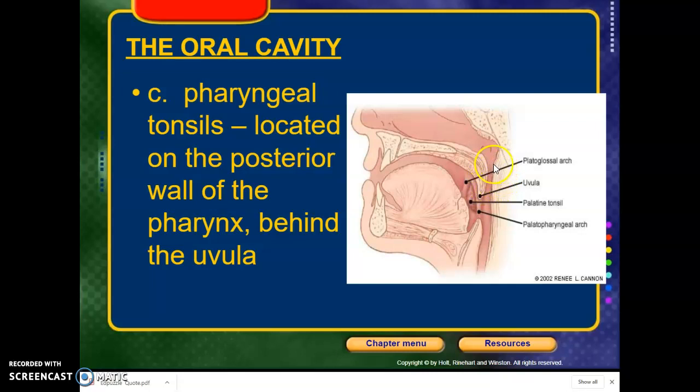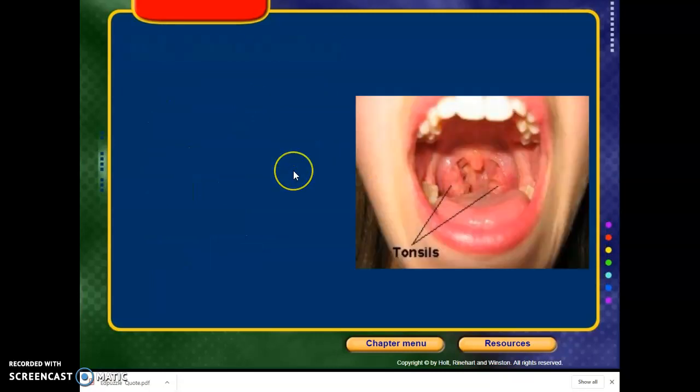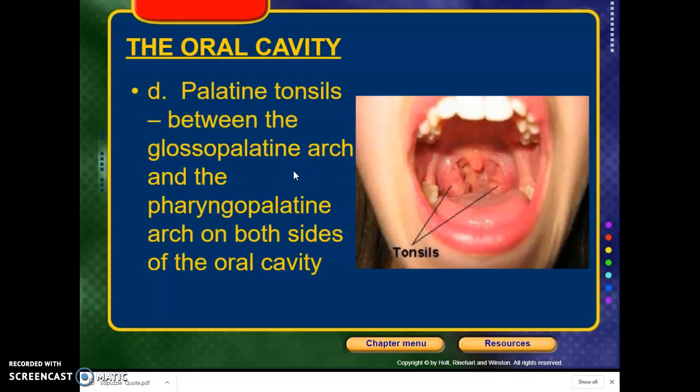They're up in here. If you open your mouth and you look in, you can't see them because they're up behind the uvula. Just like you can't see the lingual tonsils, they're down here on the hyoid bone. You also can't see the pharyngeal tonsils because they're up here.